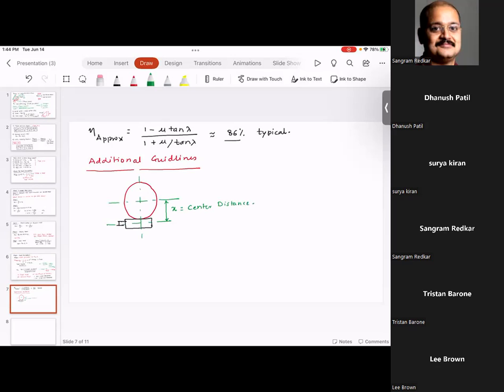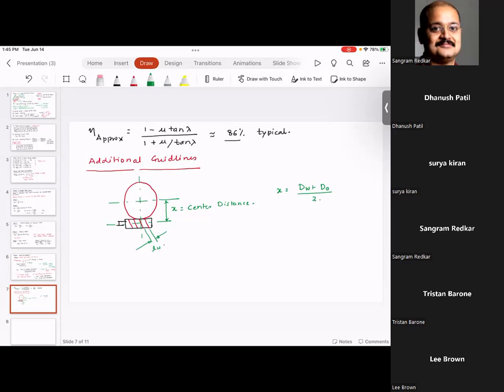And then you have this as the normal pitch. So x, which is the center distance, is the diameter of the worm plus the diameter of the wheel divided by 2.